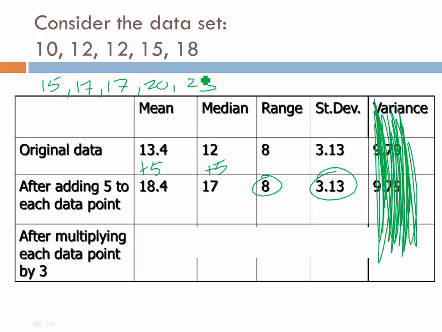What if we multiplied all of my data by 3? I would have gotten 30, 36, 36, 45, and 18 times 3 is 54. Is that right? Find your mean, your median, and your range and your standard deviation for that third data set. Ready, set, go. 30, 36, 36, 45, 54.